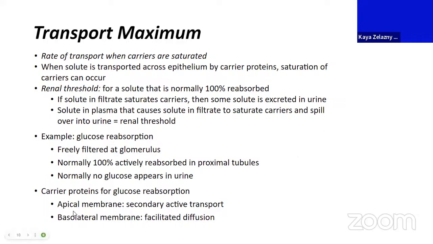Okay. So what we were looking at on the picture earlier is that secondary active transport of the glucose on the apical membrane. On the basolateral membrane, we would allow glucose to just diffuse through a protein, but we wouldn't need any energy. So we'd have facilitated diffusion on the part of the cell that's facing the blood.